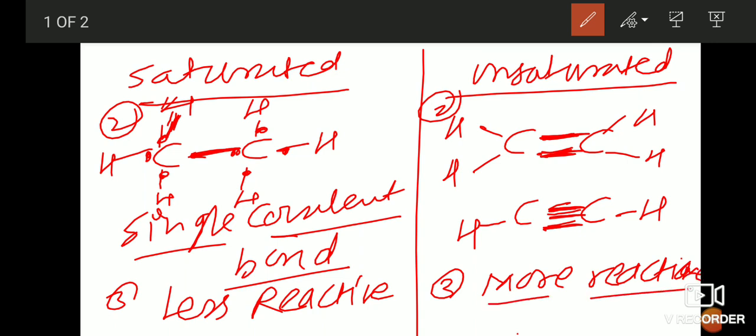Because they have double or triple covalent bonds, correct? The presence of electrons in the double or triple covalent bonds is why they show more reactions than saturated compounds. So this is also one important comparison point.